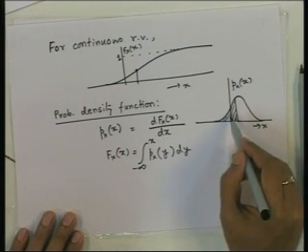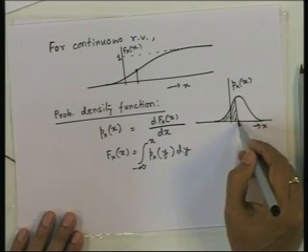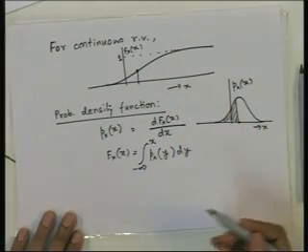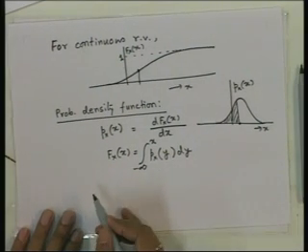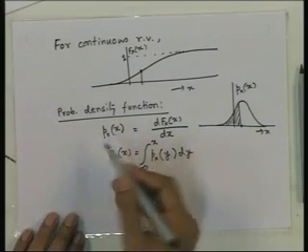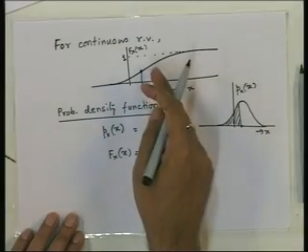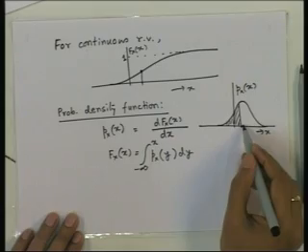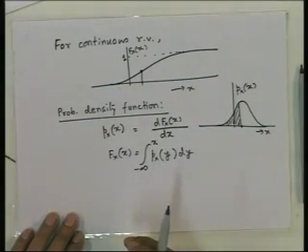This area is the probability that the random variable's value is less than this, and that is the same as this value, that is what the cumulative distribution function is. So, if we know the cumulative distribution function, the way to get the probability density function is to differentiate it. If we know the density function, we can get the cumulative distribution function by taking the integral from minus infinity to x. Plot that as a function of x, and we will get the cumulative distribution function.